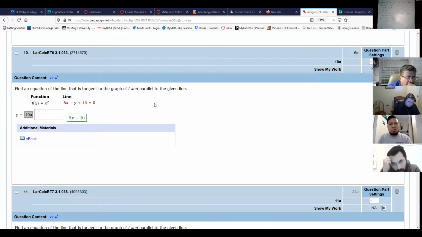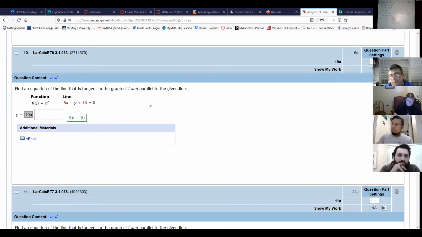Do you guys remember what it means to be parallel for two lines? Like visually, I'm assuming you know, but what about the slopes? What happens to the slopes if they're parallel? They have to be the same, right?